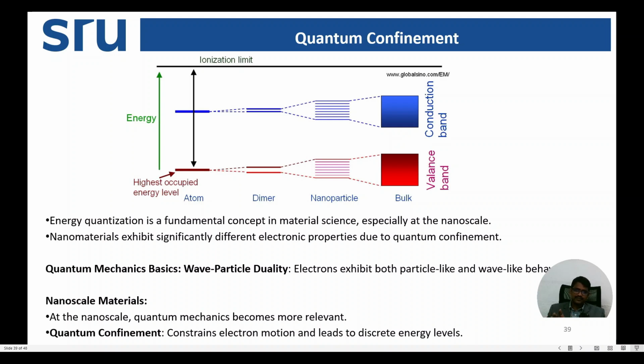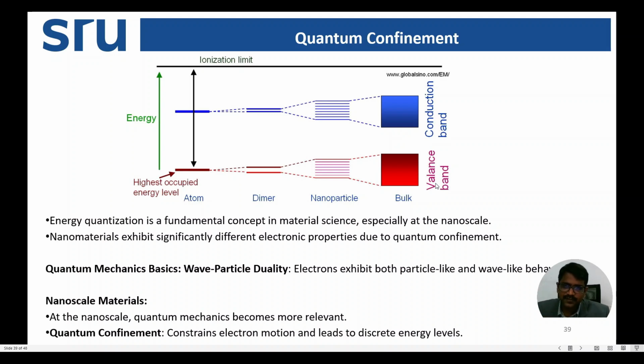We have seen the distinct difference between bulk materials and nano materials. Now we will explain bulk materials and nano materials in terms of energy levels and energy bands.